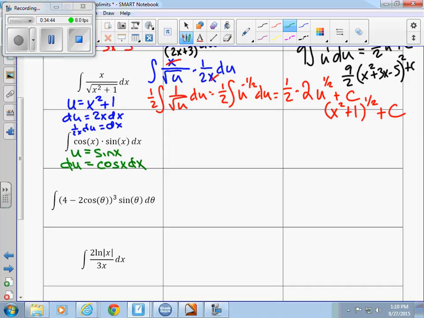Say that again. Well, technically it's du over dx equals cosine of x. So the derivative of sine is cosine of x. So we let u be sine of x, and we take the derivative of u with respect to x. And then I'm going to move the dx over because I've got to get it by itself. Does that make sense?